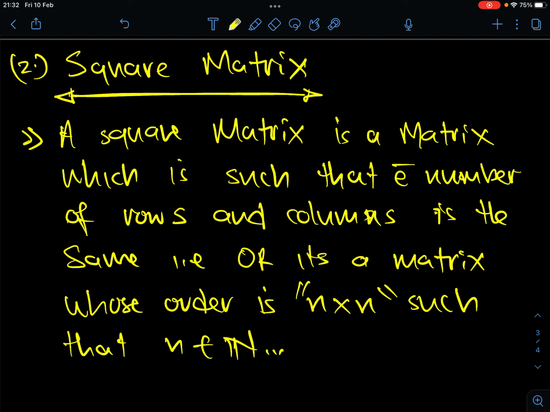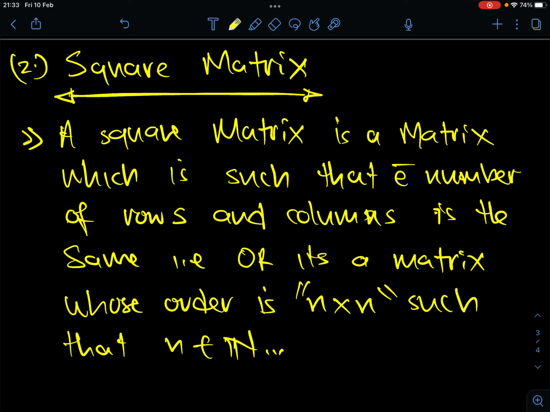You see that? So we have also these special matrices that we call square matrices, and the reason why they are called square matrices is actually taken from our understanding of the square itself. We know from geometry that a square is that quadrilateral which is such that all of its sides are equally the same. So square matrices are matrices also that have that kind of attribute.